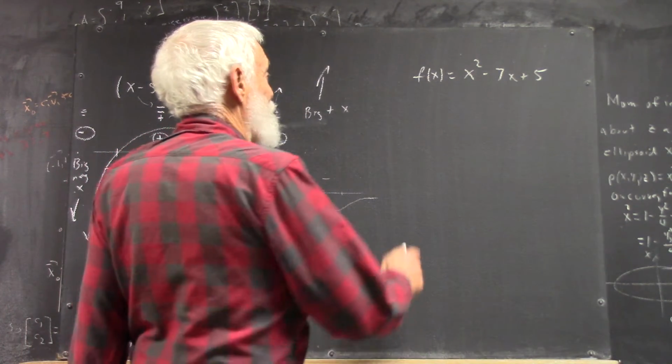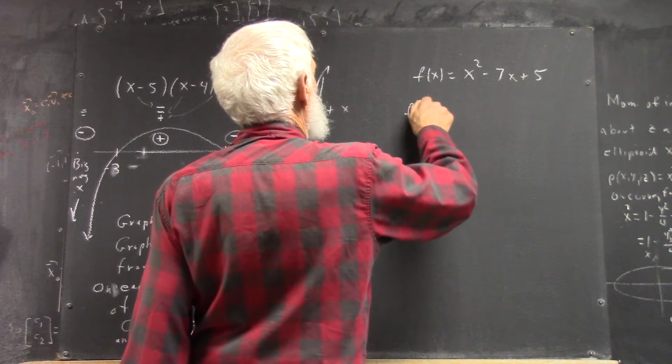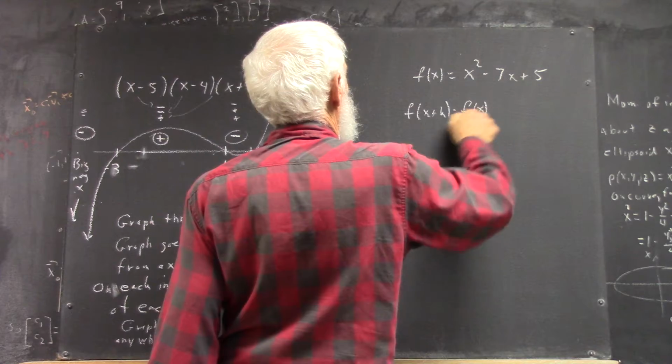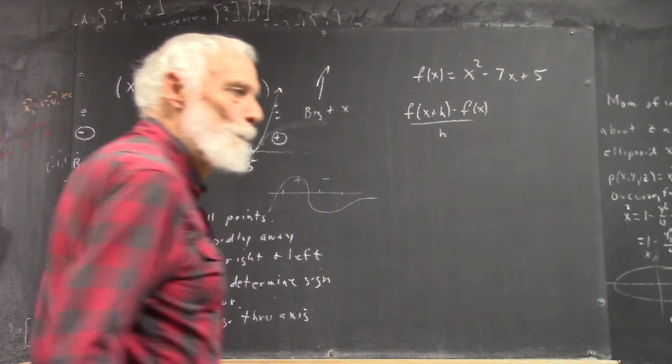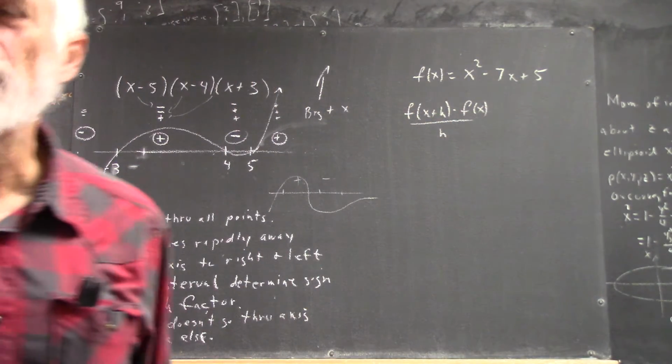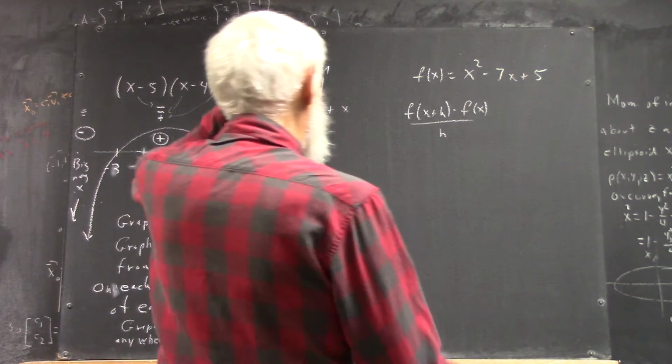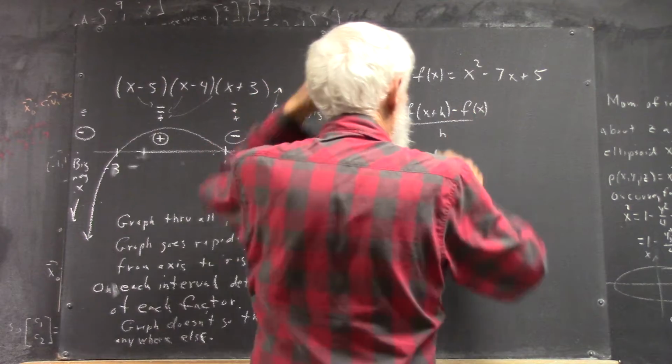What I'm talking about is this thing where I said f of x plus h minus f of x over h, which is just the slope of a fundamental triangle in this graph. And we'll make that connection, and it's an average rate of change.